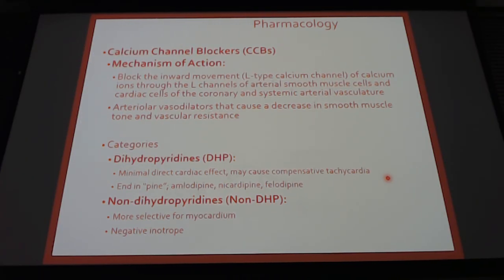When we're looking at our mechanism, just essentially thinking about, again, the name is telling you what it does, okay? So it is a calcium channel blocker. So it's blocking that inward calcium channel, I think it's the L-type calcium channel, okay? So therefore, we're allowing that heart or the contraction to kind of calm down.